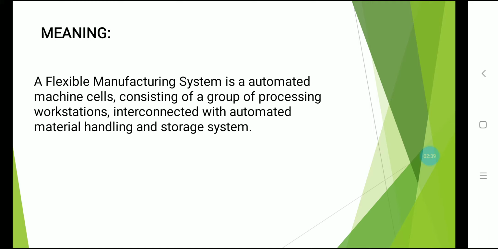It is not handled by hand tools, but handled and stored by computer systems only. Therefore, a flexible manufacturing system means automated cells, a group of processing the product in a factory.